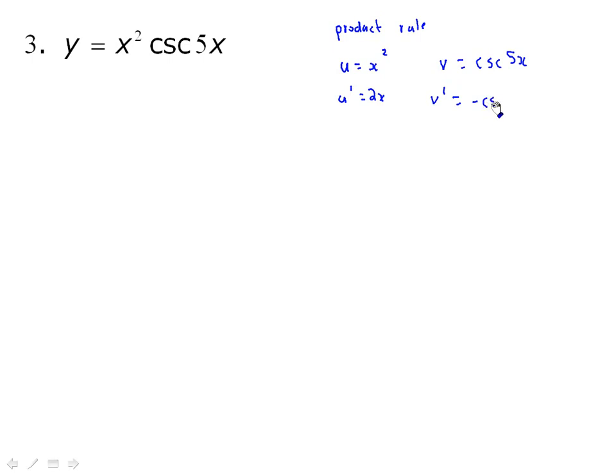So negative cosecant 5x times cotangent 5x. And then this is going to be multiplied by the derivative of the inner, which is 5. So we have to use the chain rule on it. Now, the way you'd write that otherwise is taking the 5 to the front. So negative 5 cosecant 5x multiplied by cotangent of 5x.